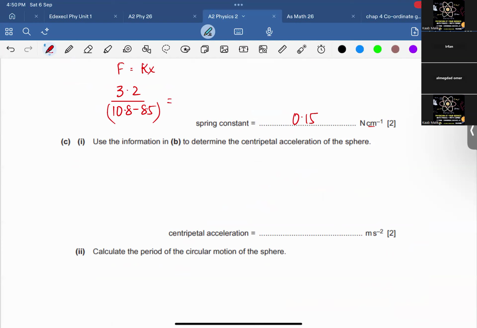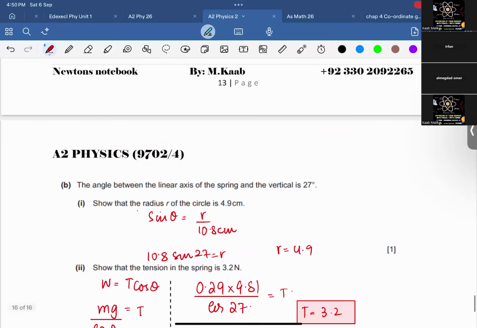So if we use acceleration equals v squared over r, no, we can't use that because we have the radius but we don't have the velocity. Any other formula?